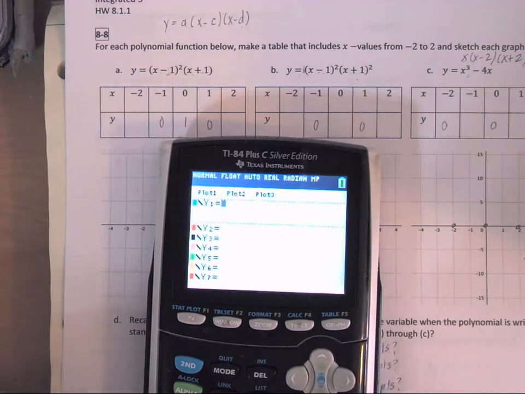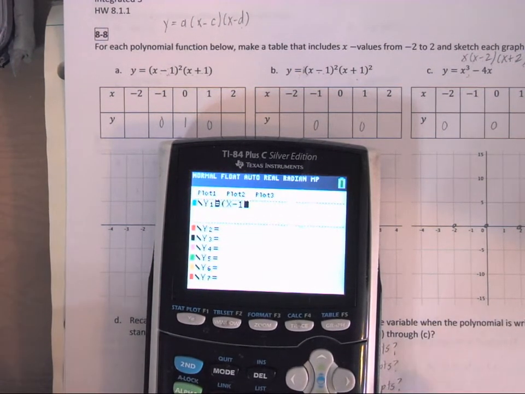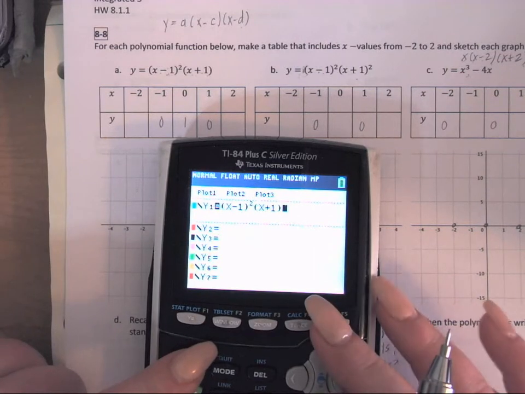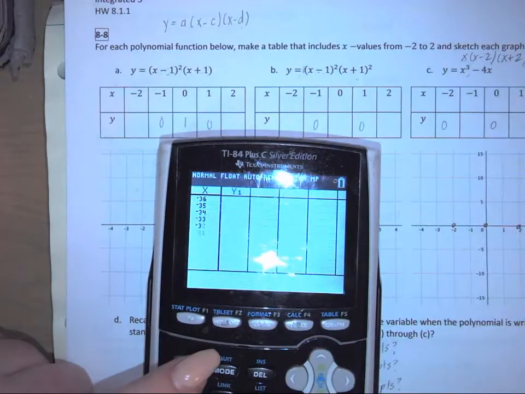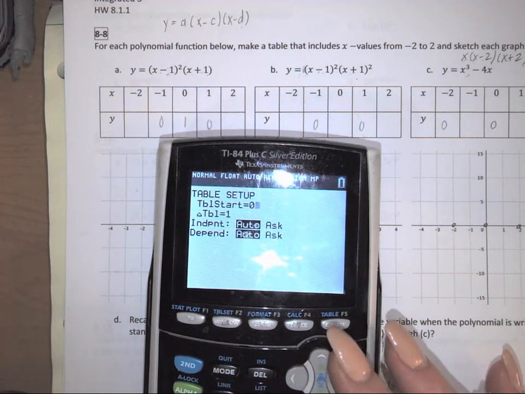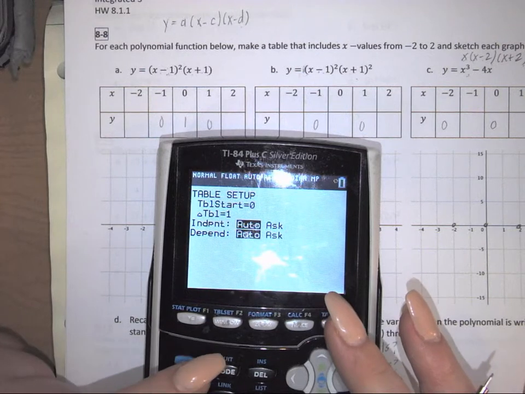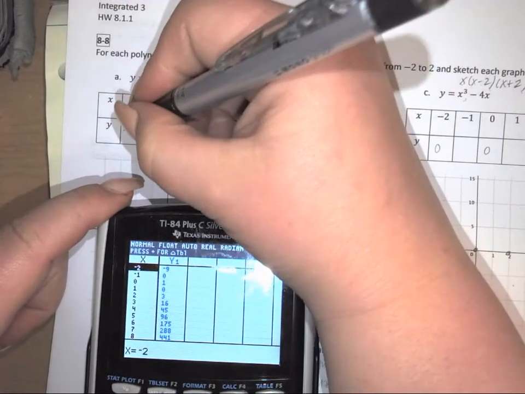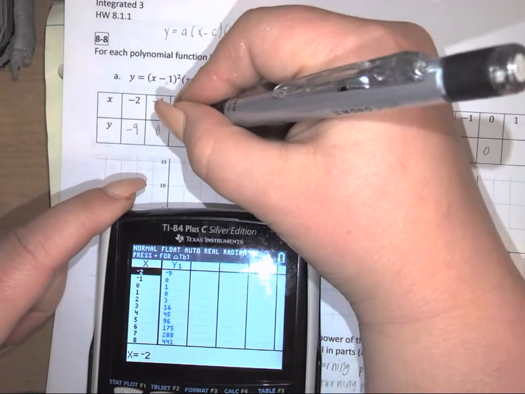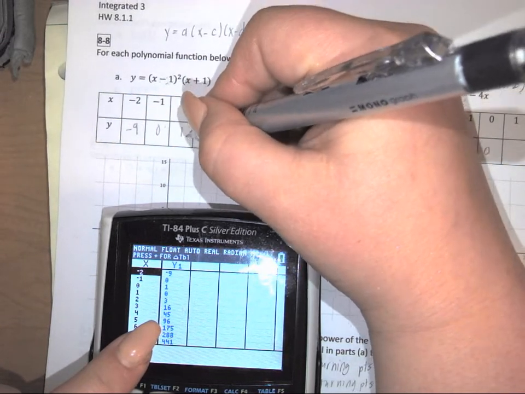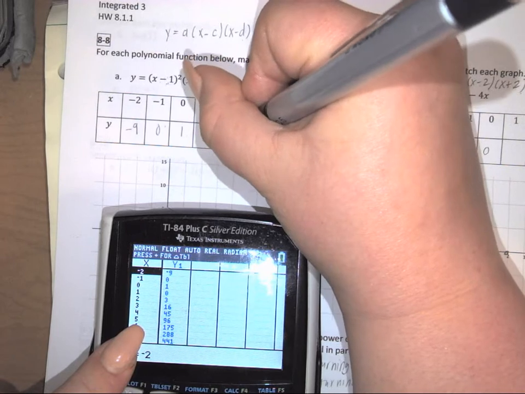So we'll plug in x minus 1 squared times x plus 1, and go directly to our table. Negative 2 is negative 9. Negative 1 is 0, like I said. 0 is 1, like I said. 1 is 0, and then 2 is 3.